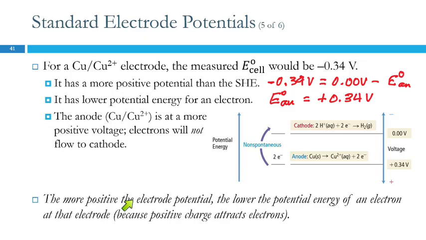The more positive the electrode potential, the lower the potential energy of an electron at that electrode. So this is positive, so the potential energy for the electron is lower here. And so the electrons want to go from here to here. They do not want to go in the opposite direction.